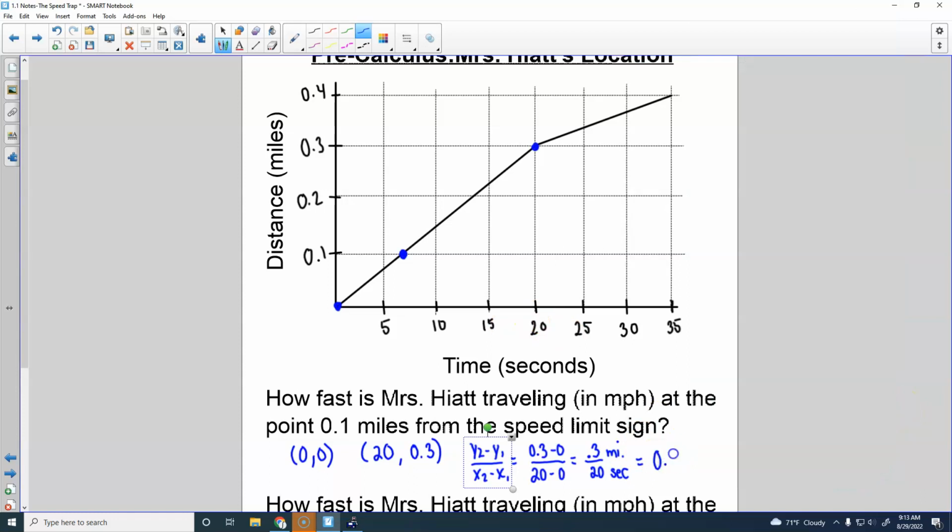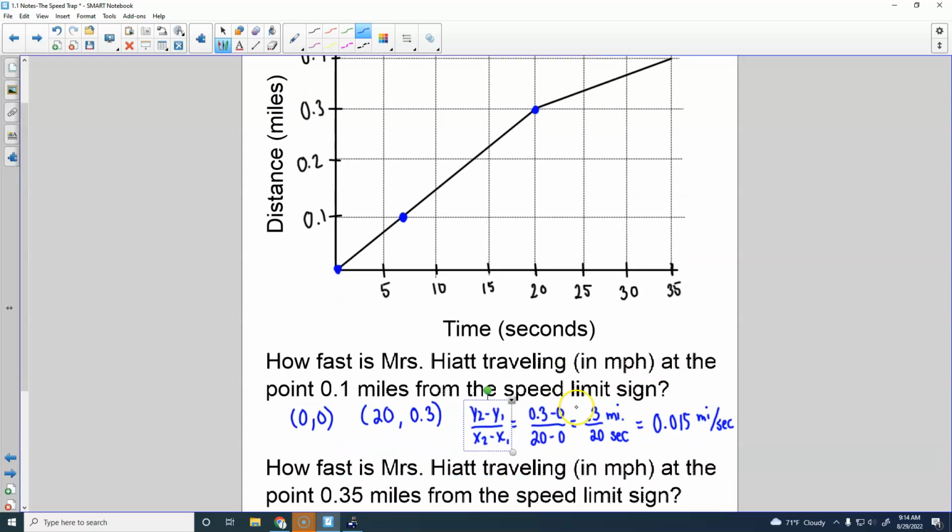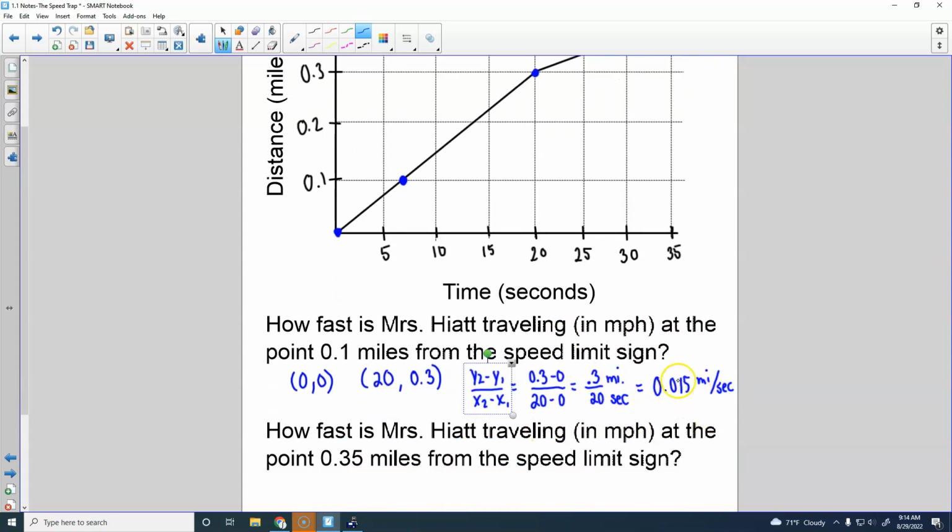That doesn't tell me much. Why does it not tell me much? It is in miles per second. Speed limits, of course, are posted in miles per hour. So, what am I going to have to do to adjust that?